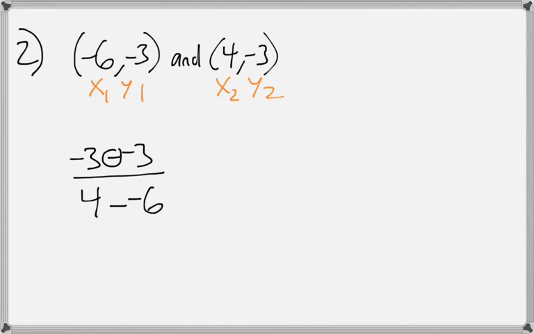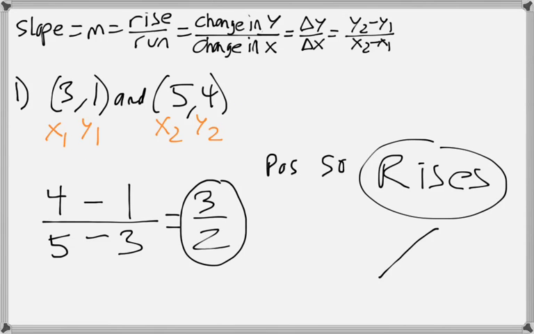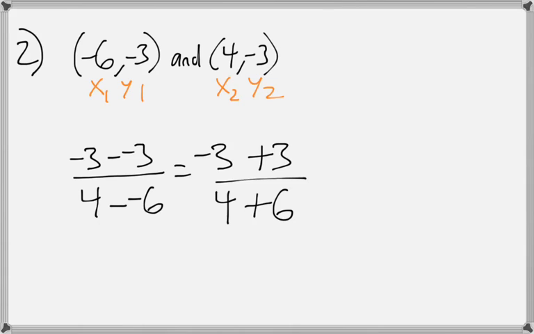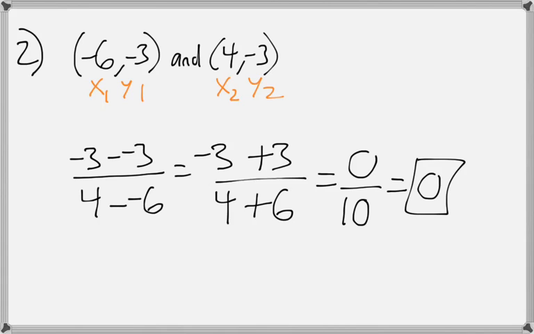If you look at these minuses, those are coming from the formula itself, so there's subtractions in the formula. But the other negatives are coming from the points. So let's actually get rid of those double negatives. It'll be negative 3 plus 3 and 4 plus 6. So that's going to give you 0 over 10, and that's equal to 0. So if you have a 0 slope, that means that this is a horizontal line.